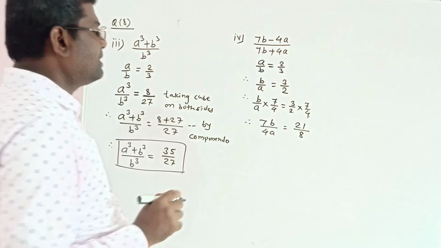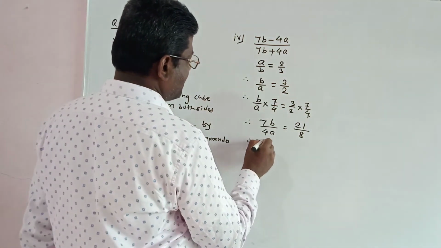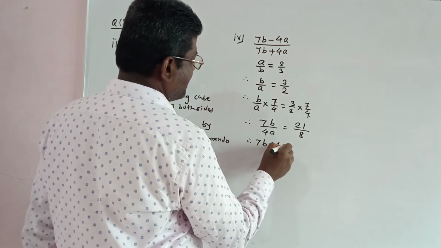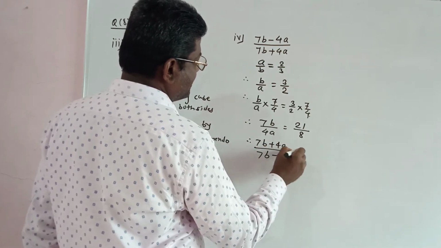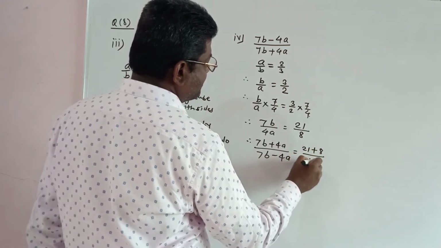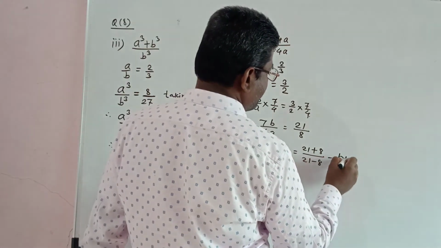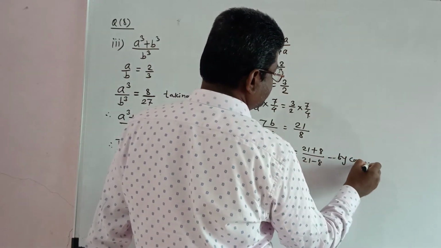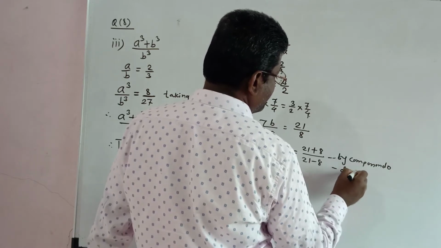Now take componendo dividendo. Therefore, we have 7B plus 4A upon 7B minus 4A is equal to 21 plus 8 upon 21 minus 8. The reason is by componendo dividendo.